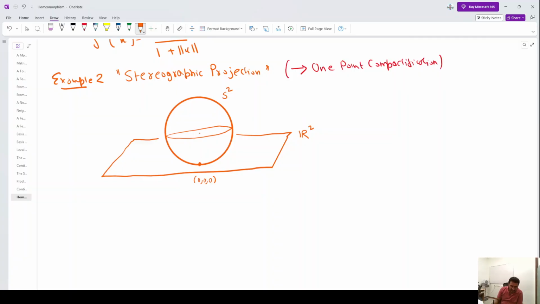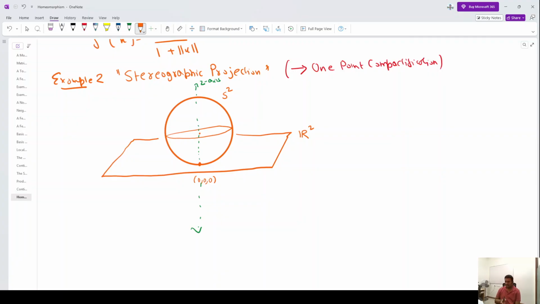So what will be this point, guys? Say your z-axis is like this. Here this is the origin, and let's say you are going 1 unit up. So you may say, oh, this is not S2 exactly.